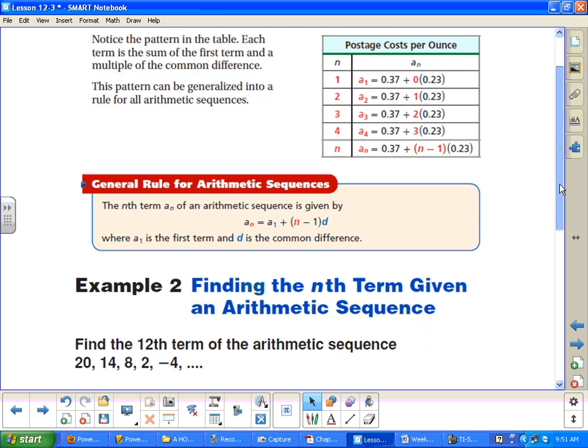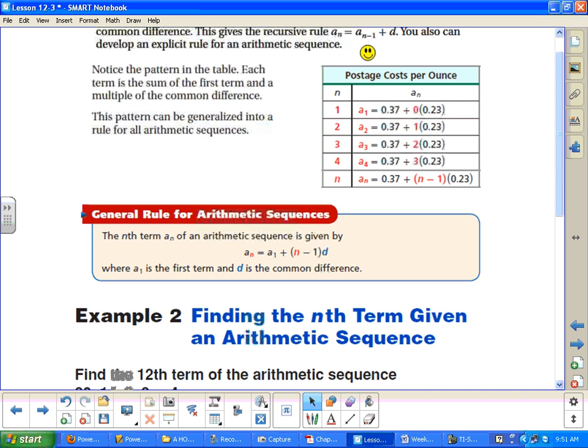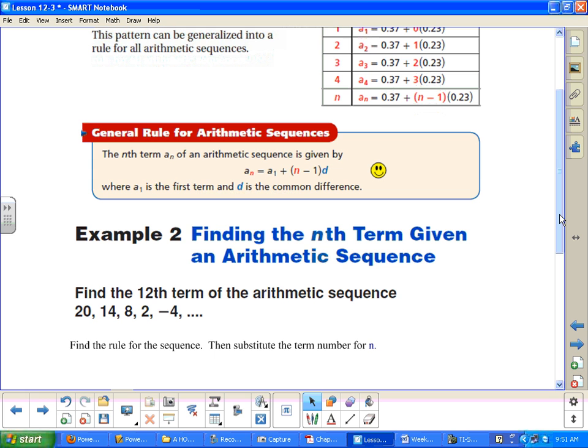Okay? The general rule for an arithmetic sequence is right here. And if you look at this, this is exactly what we used in lesson 1, in that one example, to find the explicit rule for the ones that were linear, that had a common rate of change. So the general rule for arithmetic sequences: a sub n equals a sub 1, our first term, plus n minus 1 times the common difference.